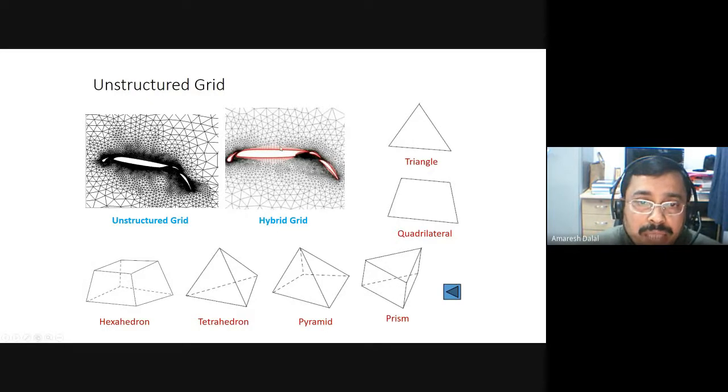If you use unstructured grid, you can have the advantage of local refinement. So you can see here we have a very fine mesh. And in 3D, we can have these different types of grid, but nowadays in commercial software, you can have any polyhedra.